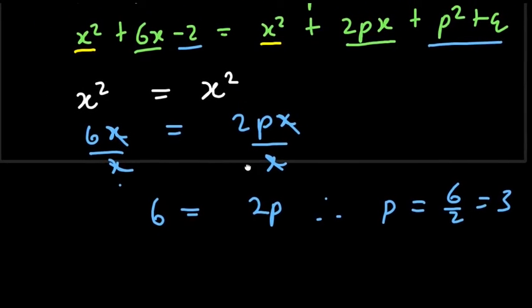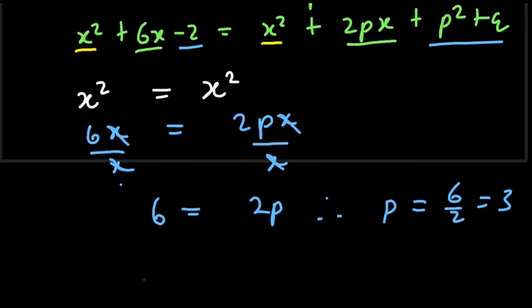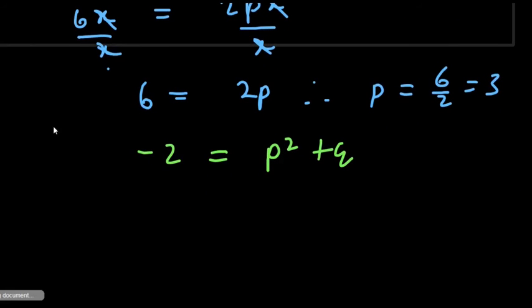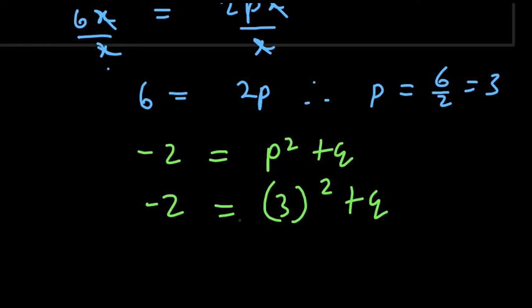To find the value of q, we are equating the constants. So -2 is equal to p squared plus q, and we have already got p. So now it's -2 is equal to 3 squared plus q.